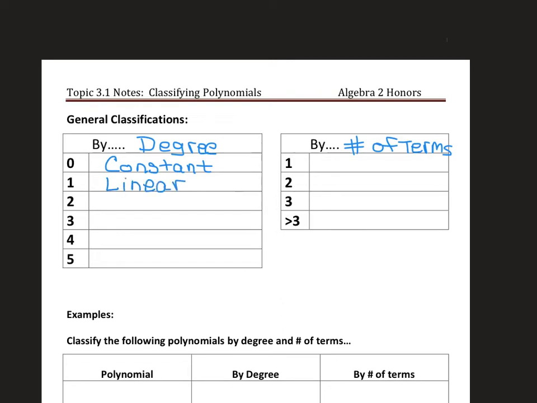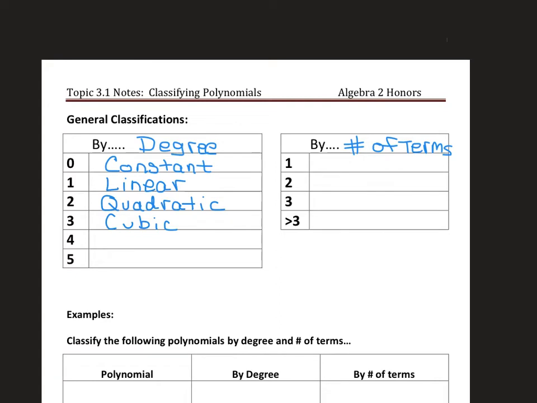And if we have a highest exponent or a degree of 2, we call that quadratic, which we've done an entire chapter on. If we have our highest exponent or our degree equals 3, we call that cubic, taking the word cube and turning it into an adjective.